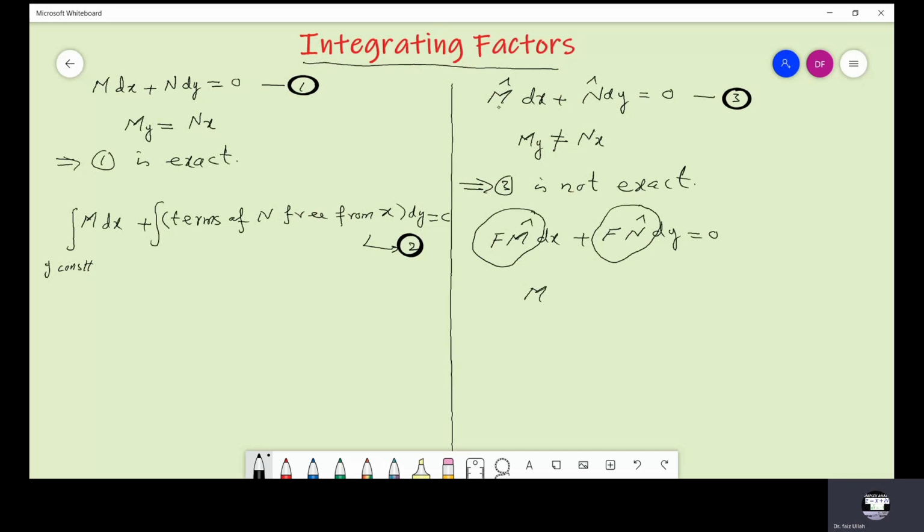And if I find now that M_y is equal to N_x, in that case we say that 4 is an exact ordinary differential equation, and the function f is called an integrating factor.